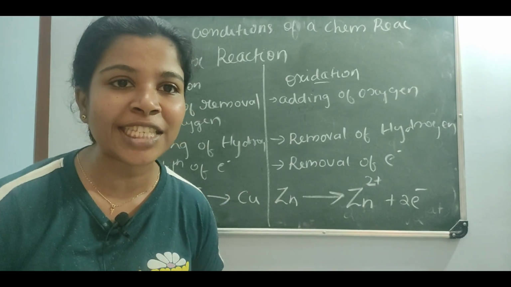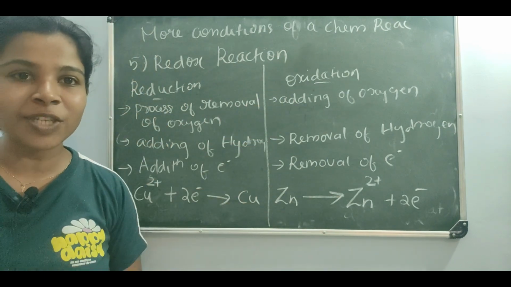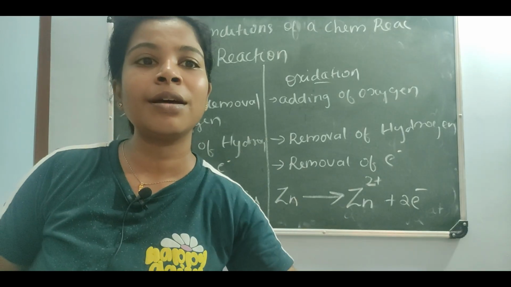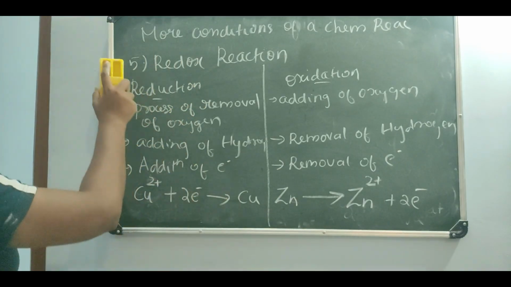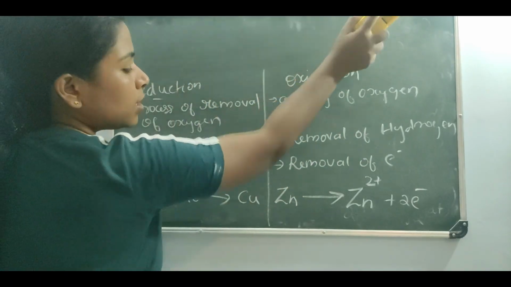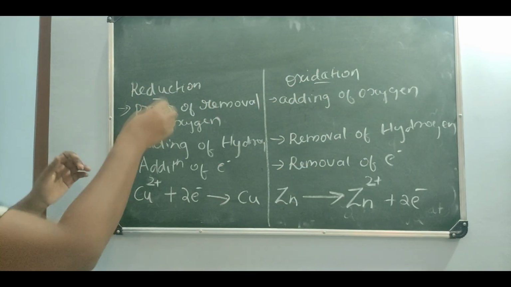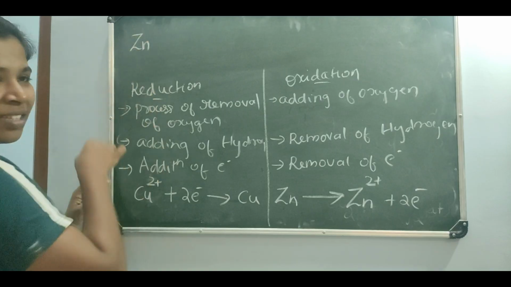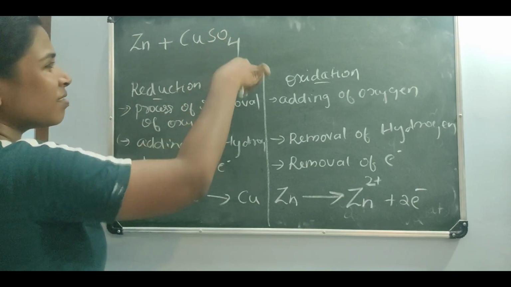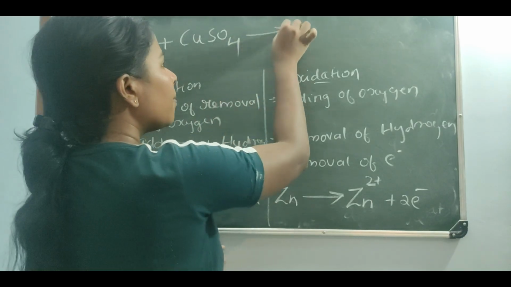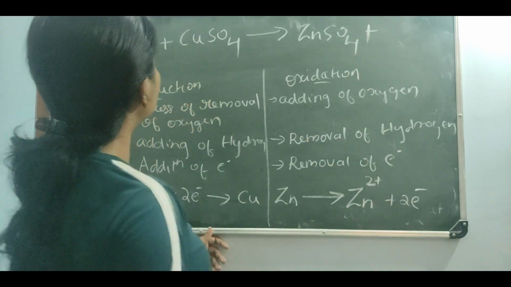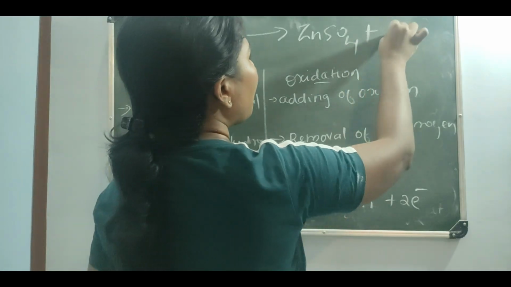Now let's see an example for redox reaction, which means in a single reaction both oxidation and reduction will be taking place. See, I'll write here. Zinc is combining with copper sulfate to form zinc sulfate plus copper.